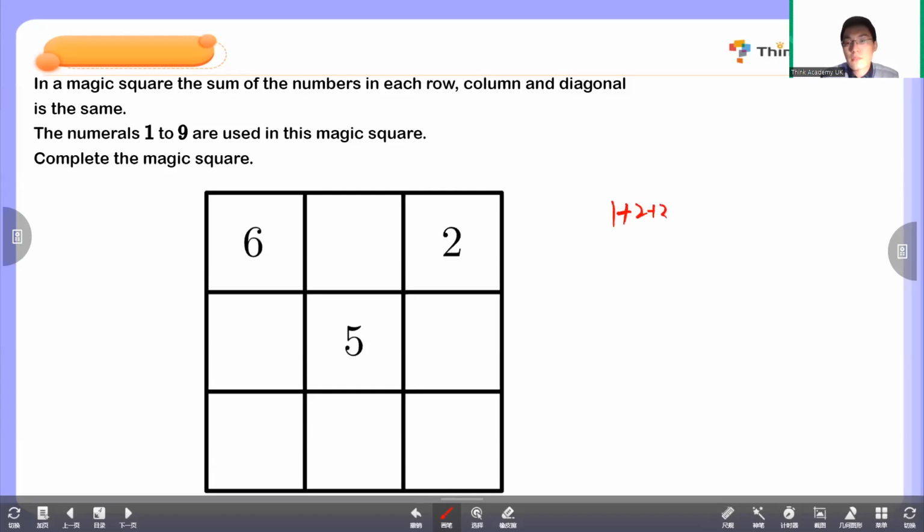So 1 plus 2 plus 3 plus ... plus 9 should be equal to first term plus last term, multiplied by the number of terms, divided by 2, which is 10 times 9 divided by 2, so it's 45. So this is the sum of all 9 numbers. And we know the sum of all 9 numbers divided by 3, so 45 divided by 3 will give us 15, which is the magic sum.